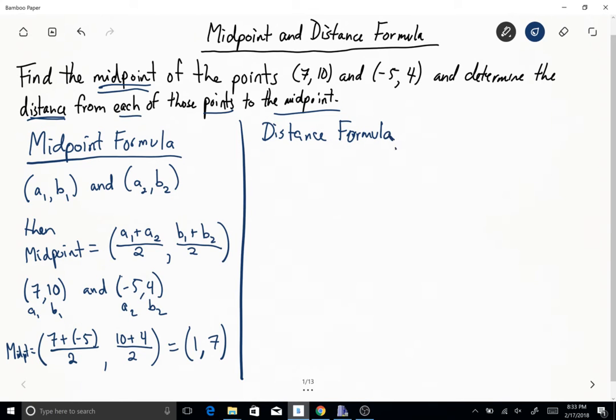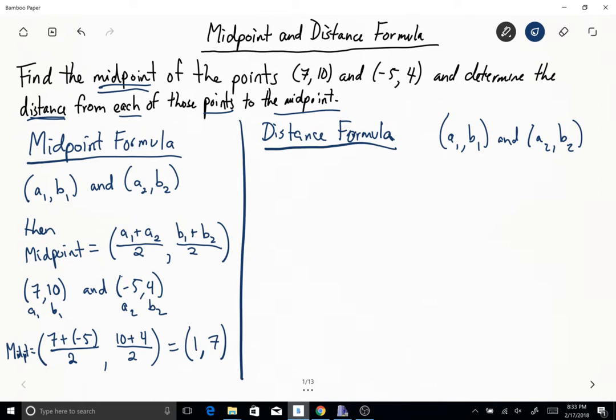For the distance formula, if you have, once again, 2 points, A1, B1, and A2, B2, and sometimes you might see x1, y1, x2, y2. It really doesn't matter what the symbols are, as long as you identify which are the x coordinates, which are the y's.